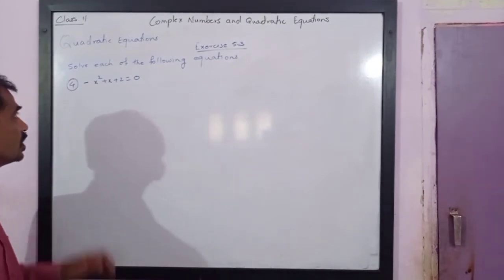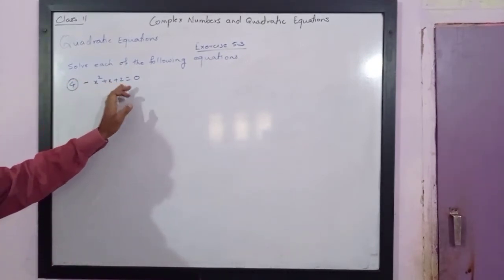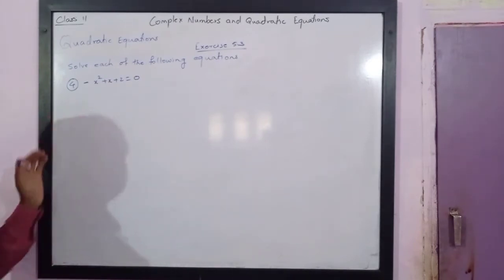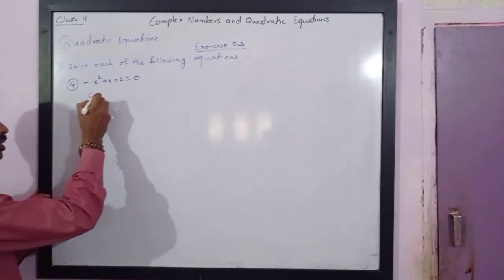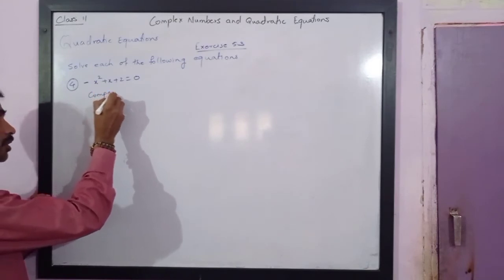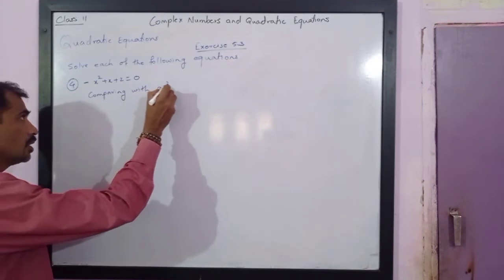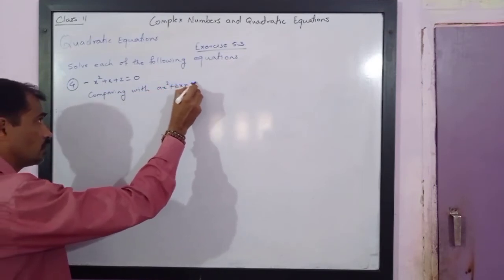Dear friends, next question is minus x square plus x plus 2 equals to 0. So in order to solve, we compare this equation with general form of quadratic equation, ax square plus bx plus c equals to 0.